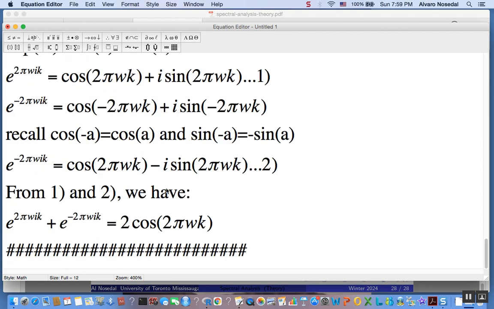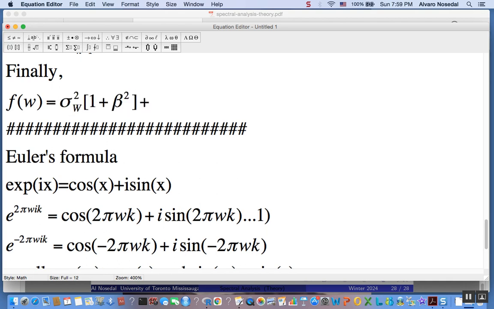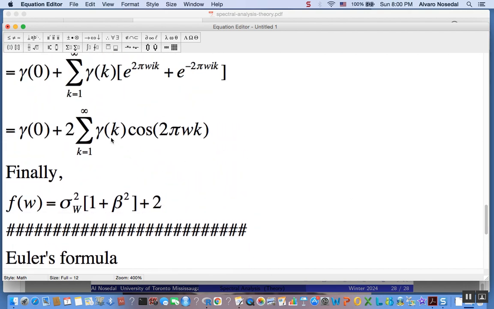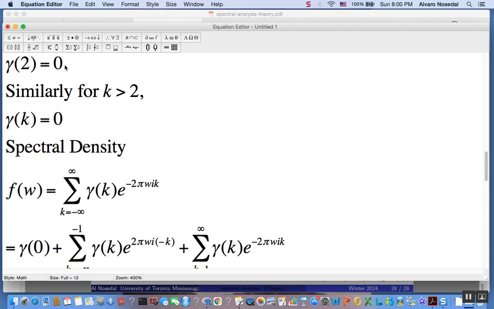So that's what we're going to have here. Plus 2 times gamma at 1, because remember that when k equals 2, you will have 0.